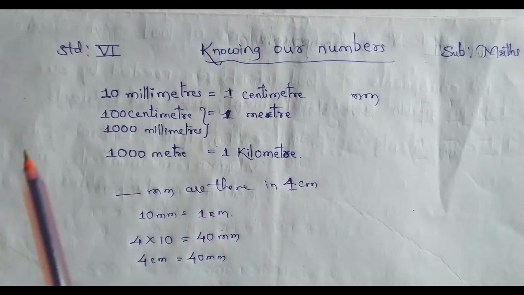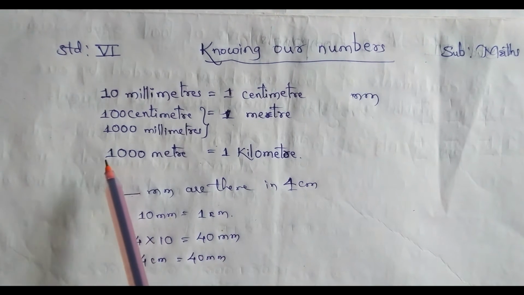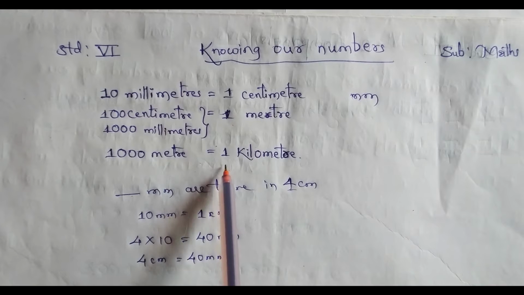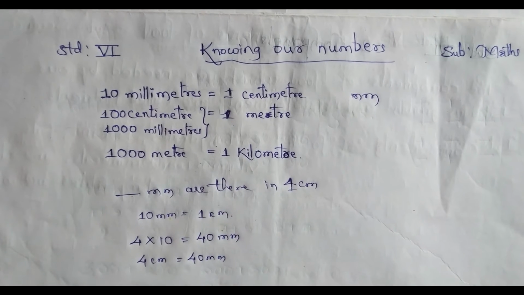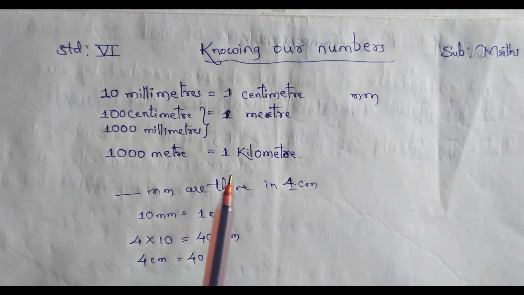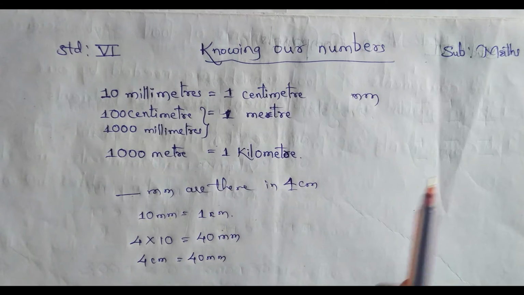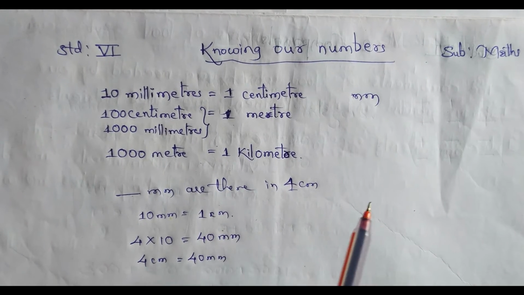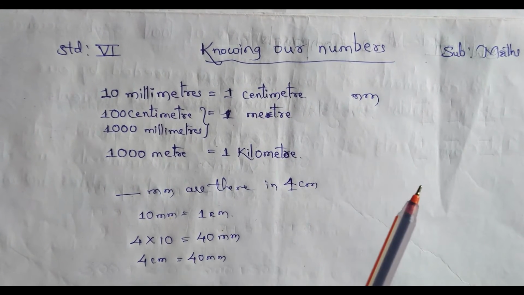Is it clear? Okay, next. 1000 meters is equal to 1 kilometer. If we are measuring the distance from one town to another town, or one city to another city, or one village to another village, for example the distance between Hubli and Gadag, we should say this measurement in kilometers. It is 56 kilometers or 50 kilometers, like this.